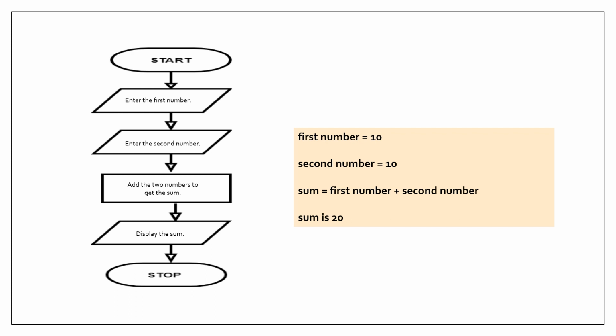And so the sum will hold another data, and so sum is going to be our third data. And as you can see on the result, because addition was performed, then the result will be 20. And so 20 is going to be our third data.